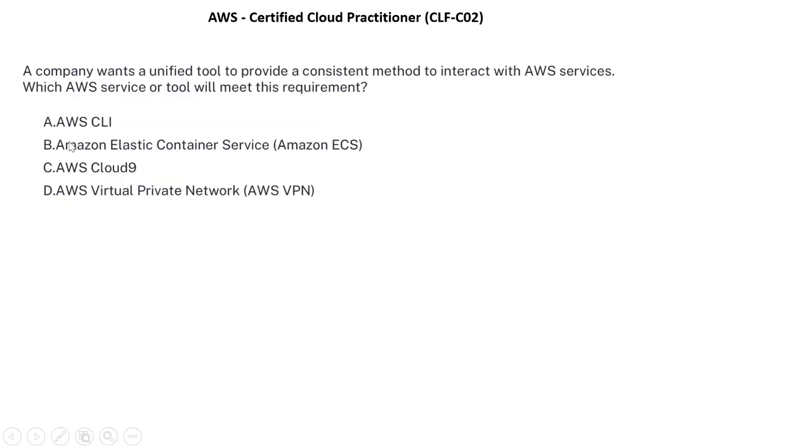Next question. A company wants a unified tool to provide a consistent method to interact with AWS services. Which AWS service or tool will meet this requirement? Option A, AWS CLI. Option B, Amazon Elastic Container Service. Option C, AWS Cloud9. Option D, AWS Virtual Private Network, that is AWS VPN.